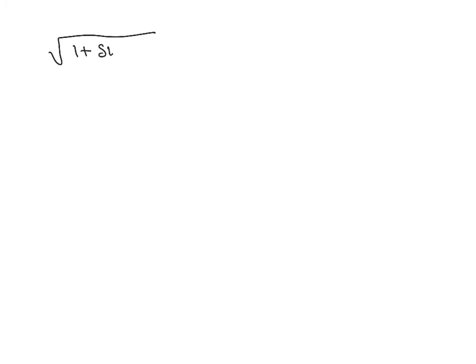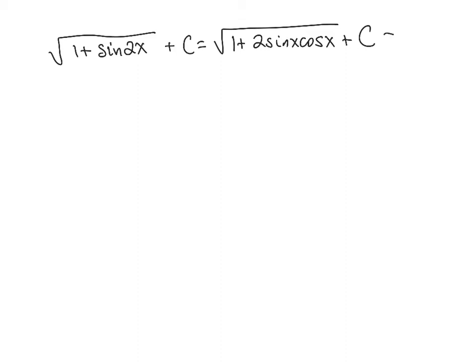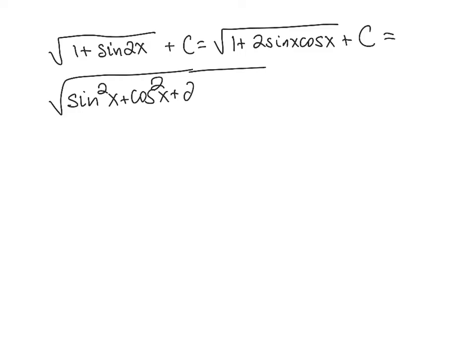1 plus sine of 2x. Recall sine of 2x is 2 sine x cosine x. So we're using this trigonometric identity. And then recall that 1 is sine squared of x plus cosine squared of x, and then plus 2 sine x cosine x.